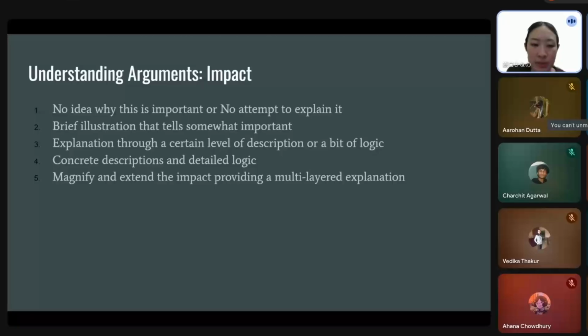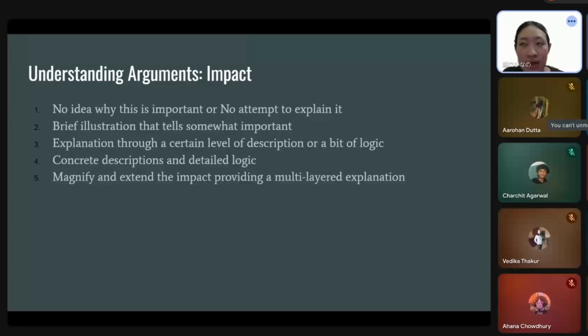I think this explanation, not only saying that one person will suffer, but giving an example of how one person will suffer in several ways, and not only the person but also society or the region is likely to suffer, is a multi-layered explanation of how they are likely to suffer.